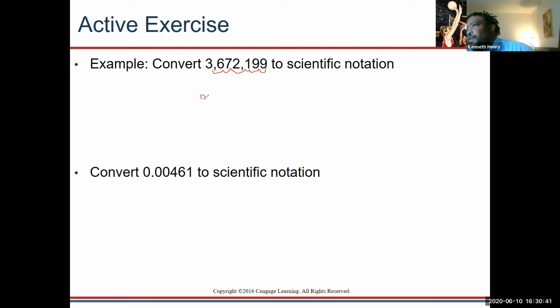So I would write 3.67219 times 10 to the 6. Because I'm going this direction, I'm going towards the left. Since I'm left-handed, I think left is positive, so I know it's a positive number. You guys see that?